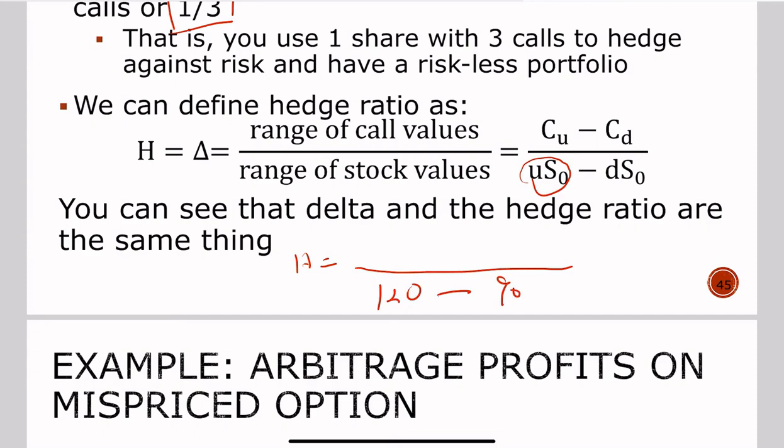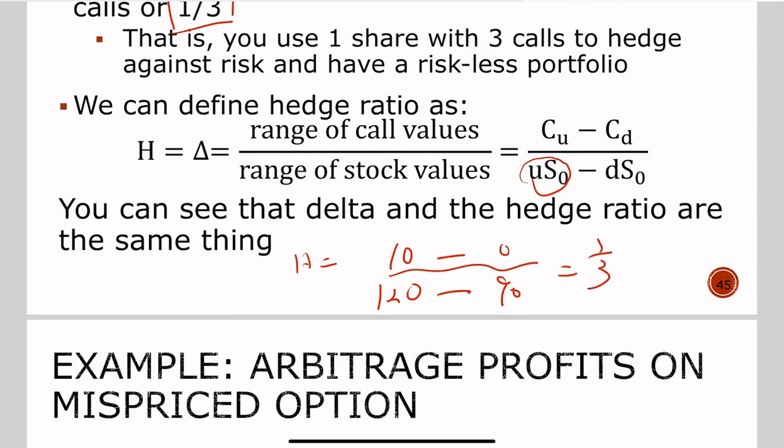CU is the call option payoff if the share price is 120. Well, our call option has an exercise price of 110. So CU is 10. And this CD is just 0, right? Because you will not exercise your call option. Your call option is out of the money. So this gives us 1/3.